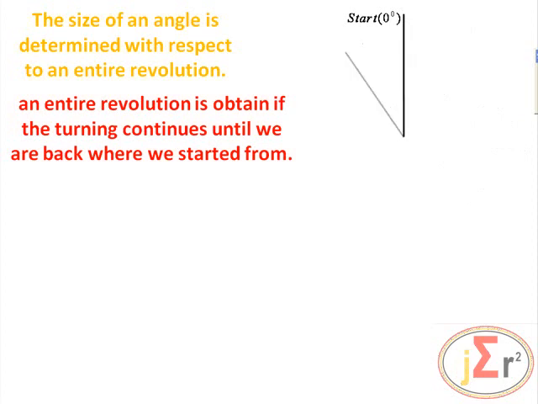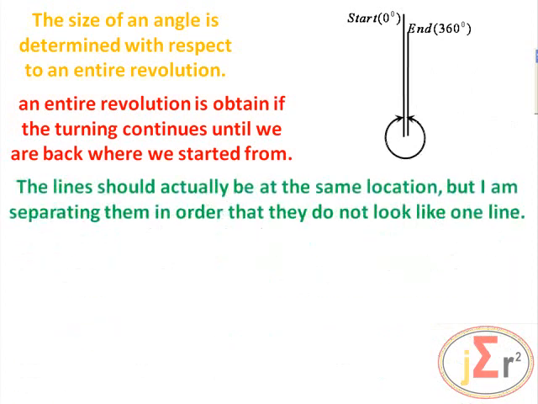And notice that when we get to the end of that revolution, we do not put the vertical line onto the other. We put it close beside. As a matter of fact, it should go onto the other line. But if we put it onto the other line, it will appear as if a single line is there. So we actually just cause the line to be close to the other one.